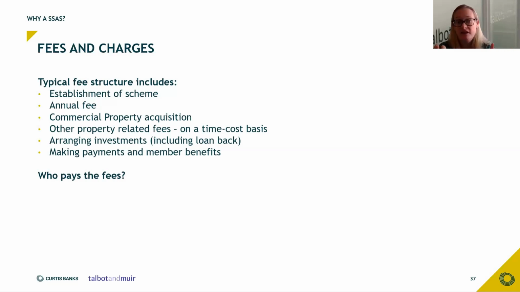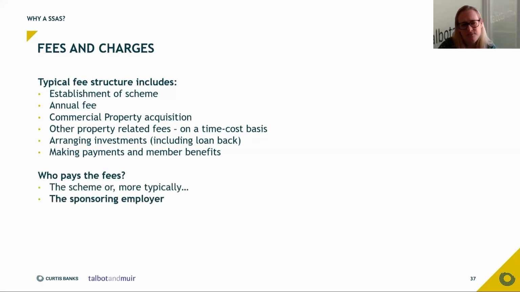As the SSAS grows, there could be other investments that need to be included, so there'll be fees for that. And then eventually there'll be fees potentially for making retirement benefit payments. And of course, if new members want to join the scheme, there'll be a new member type fee.